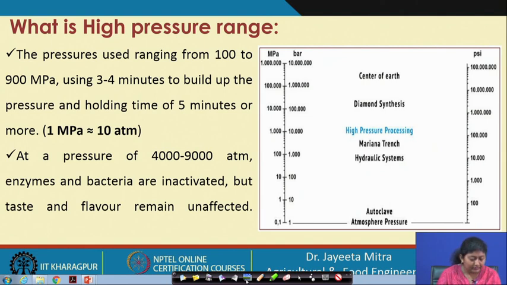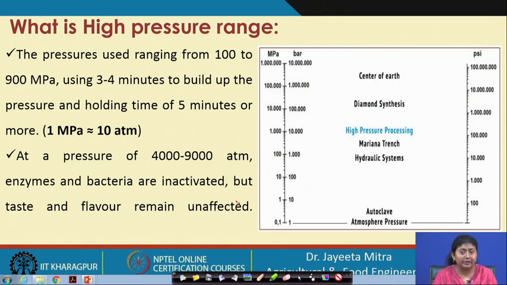And at a pressure of 4000 to 9000 atmosphere, enzymes and bacteria are inactivated, but taste and flavor remain unaffected. So, there is a range of pressure; the pressure requirement for inactivation is not the same for every microorganism.